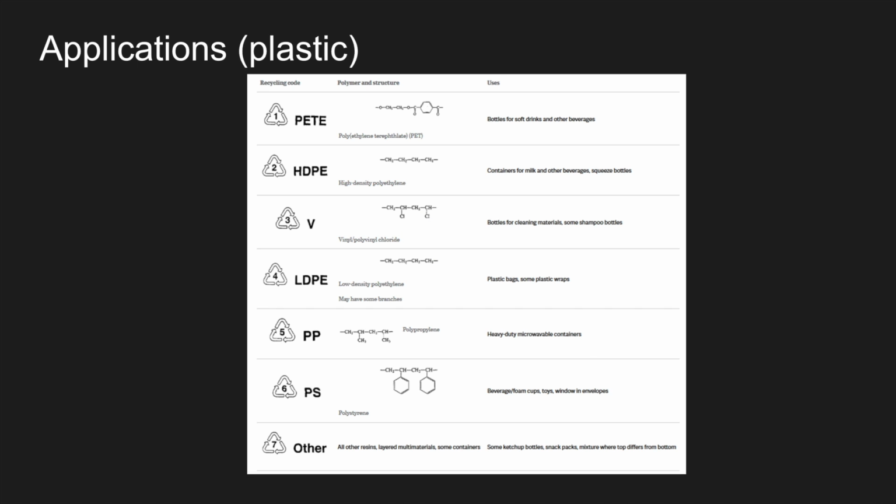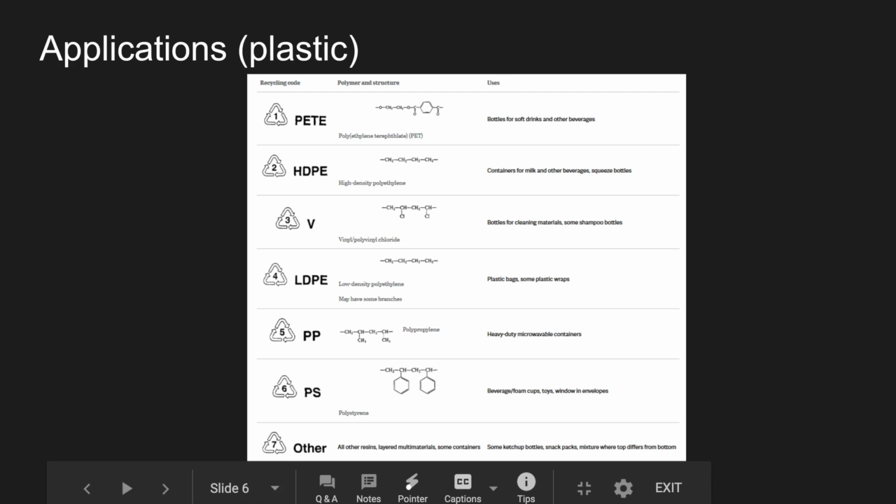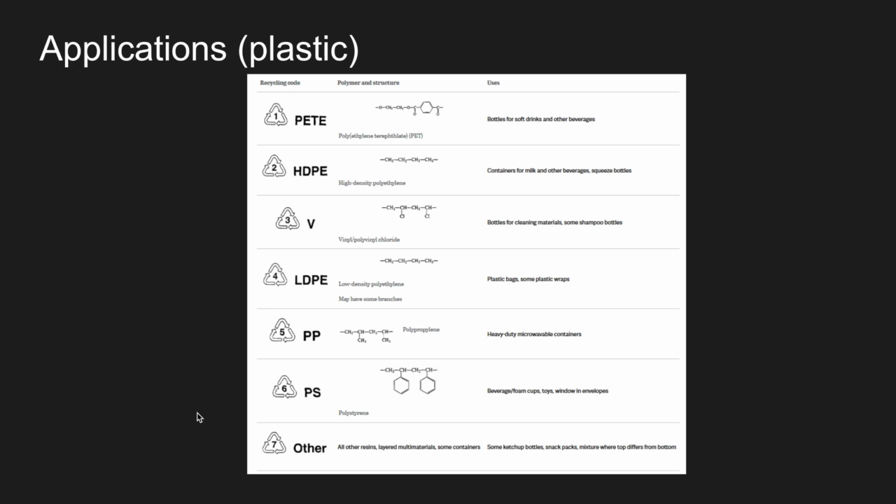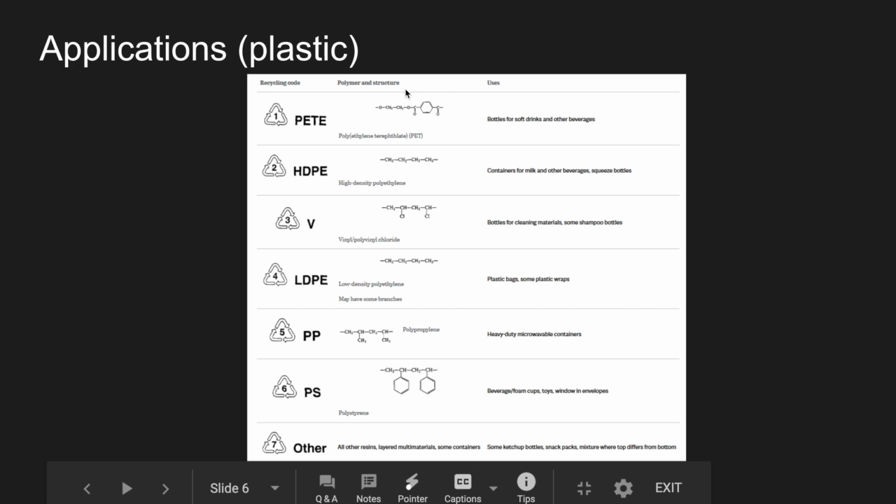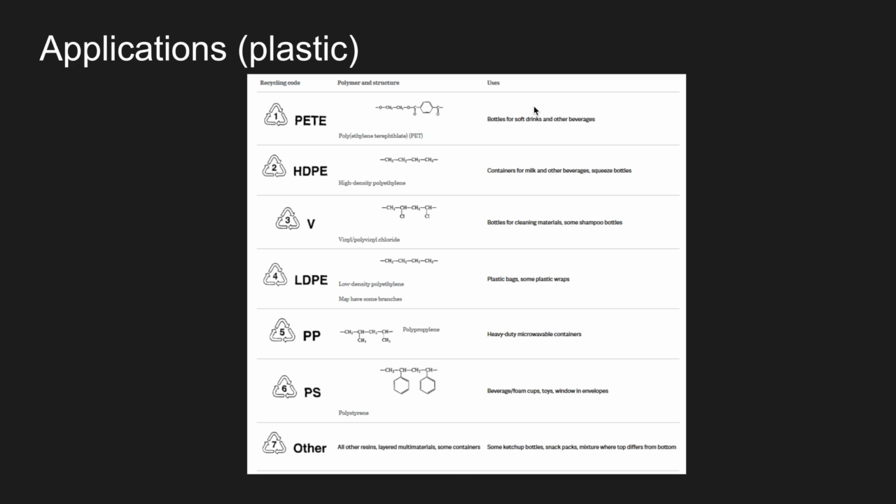So here's a more specific example. See, recycling code 1 corresponds to this type of polymer and structure, and so on for the remainder of the recycling grades. As you can see, different monomers reflect different applications.